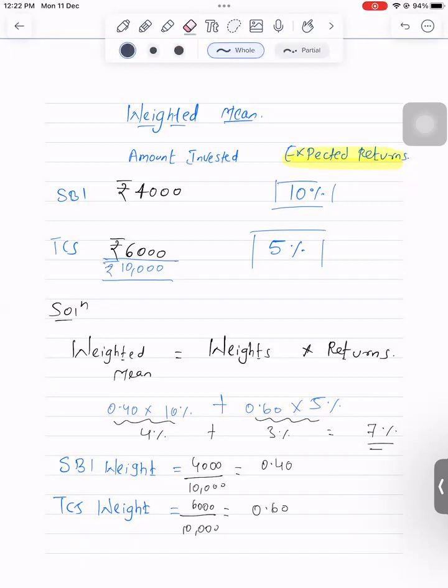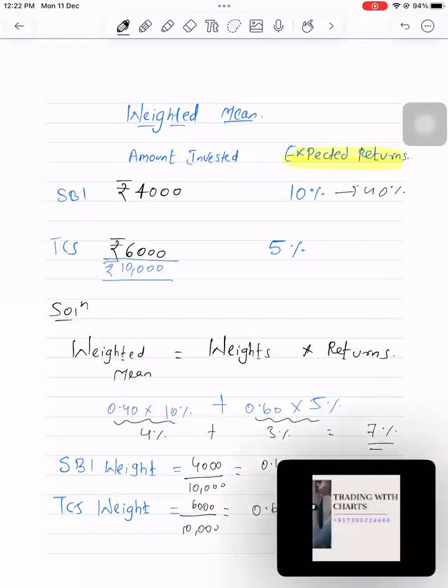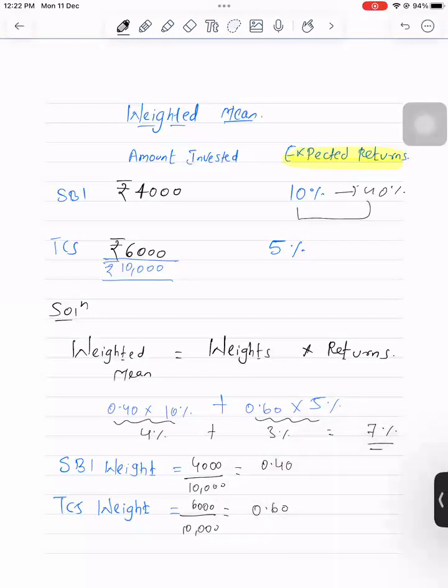See, State Bank of India expected return is 10%. But you will not earn 10% because you have not invested entire funds in State Bank of India. You have only invested 40% in State Bank of India. So that's why you are eligible to earn 40% of 10%, which is 4.